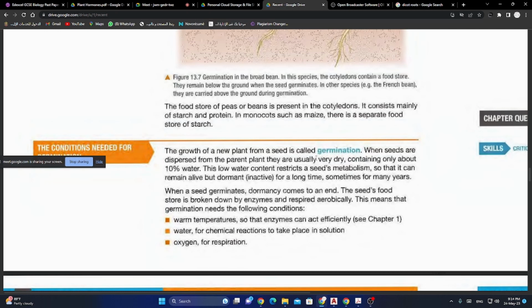The plant needs oxygen in order for it to break down the stored carbohydrates, right? In order for it to break it down and actually start germinating. If there is no oxygen, the seed can't really germinate because it cannot use up the food storage that it has inside the seed, right?